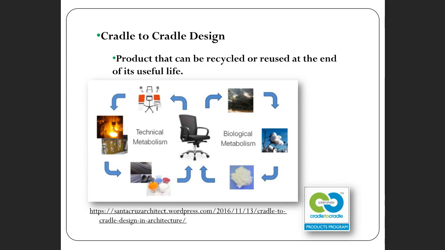They're talking about cradle to cradle design, products that can be recycled or reused at the end of its useful life. This is their example here, this office chair that is hopefully made from recycled materials, and at the end of its life can be taken apart and those materials used again in some form or fashion rather than being thrown away.